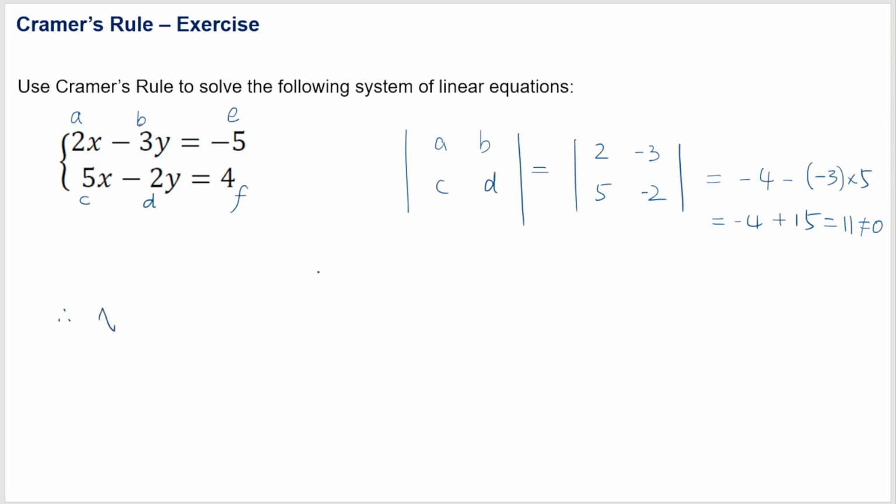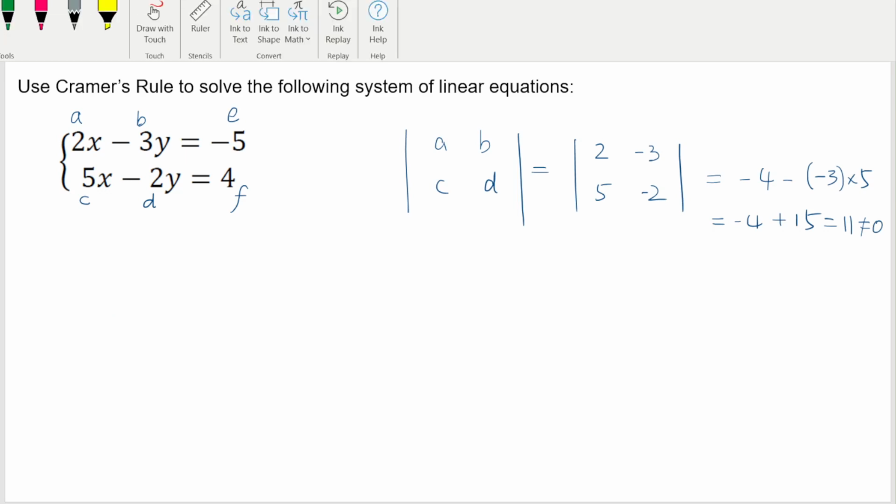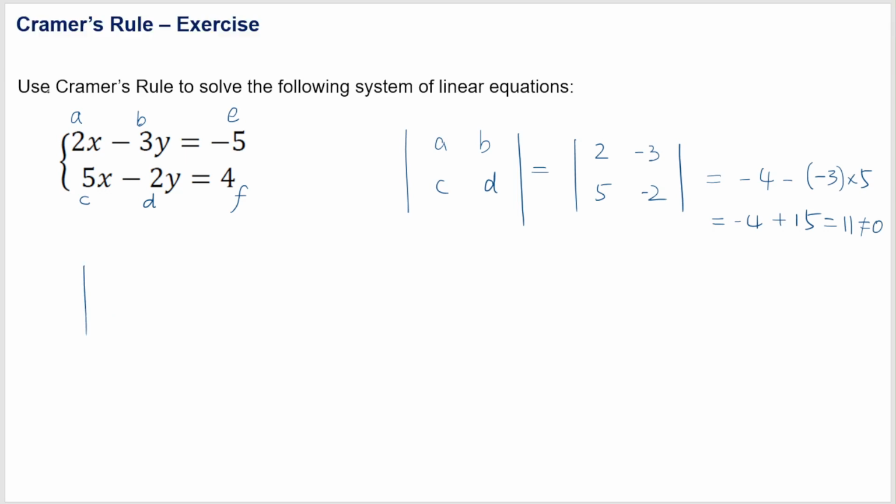So in order to have x, the first variable from left to right, we need to replace the first column with the constant numbers, -5 and 4, and keep the second column unchanged, which is -3 and -2.